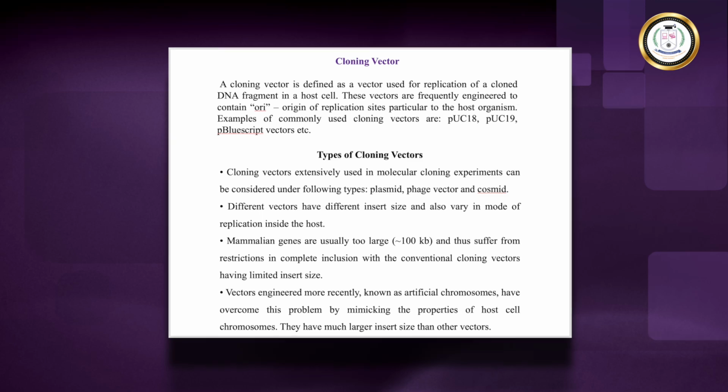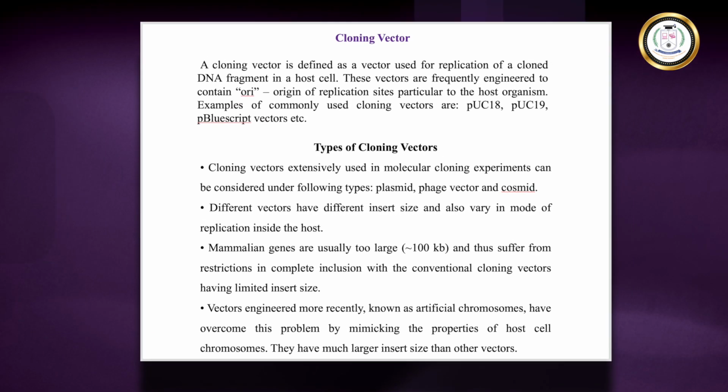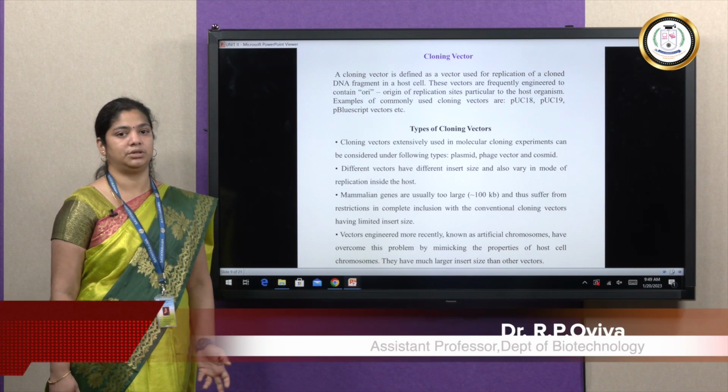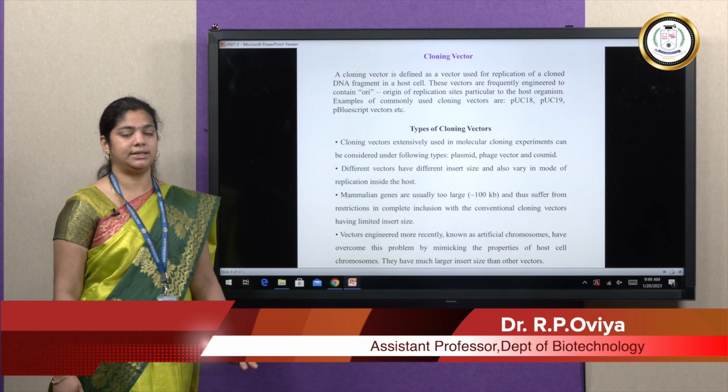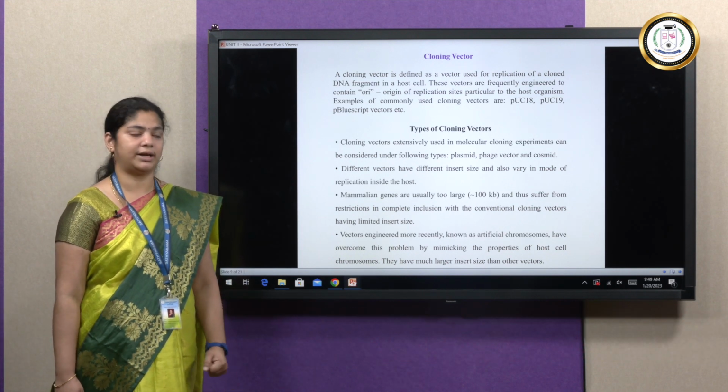So cloning vectors are simple vectors where you can insert the target gene, obtain a recombinant plasmid, and transform it into a host. The host can be E. coli, a bacterium, which is commonly used for transformation.